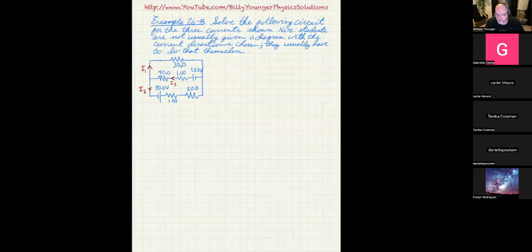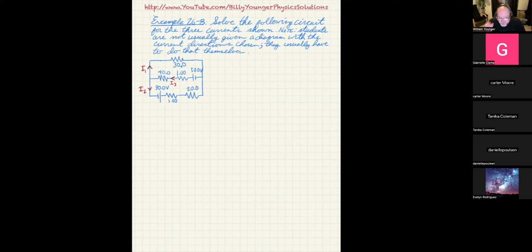What I want you guys to understand is that there should be some thought into which direction you think the individual currents are going, just so that you can get some feel for how the circuits behave over time by saying, oh, in this case I thought this one would be going to the left and that would be going to the right, and I was right, so that makes me feel good. That kind of stuff you should do.